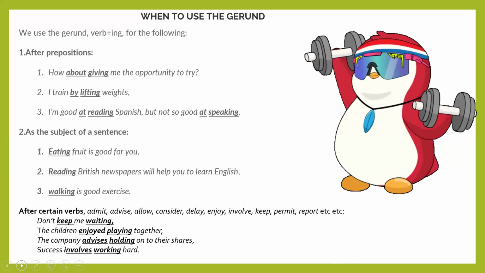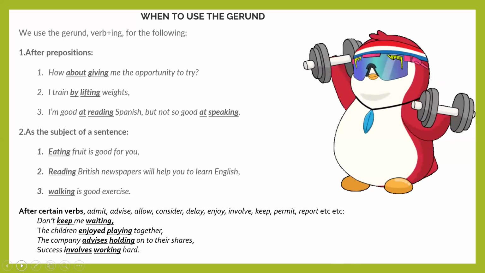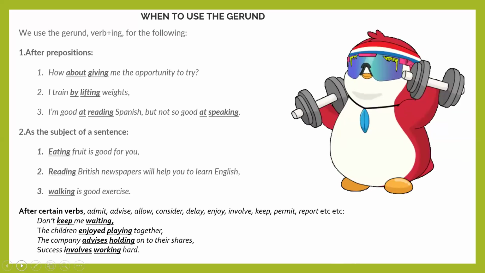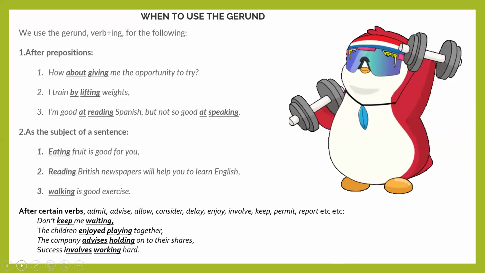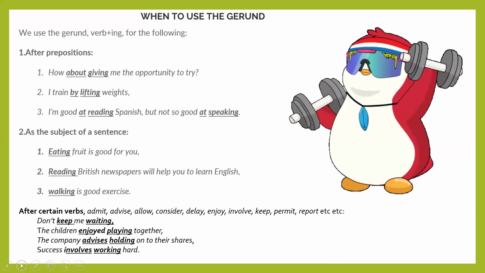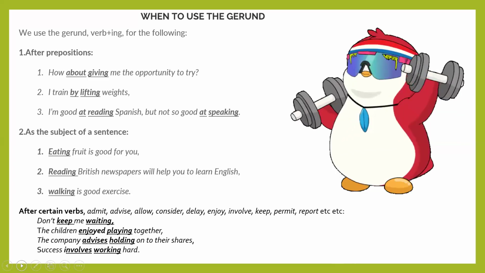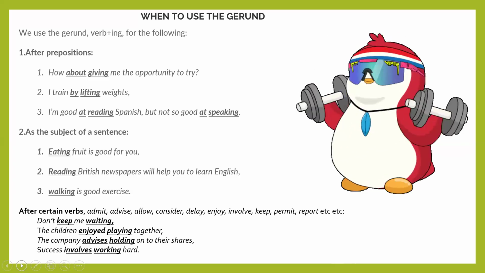Don't keep me waiting. Keep, then me waiting: me is the object, waiting is a gerund. The verb keep carries a gerund. The children enjoyed playing together. Enjoyed is the verb, playing is a gerund.